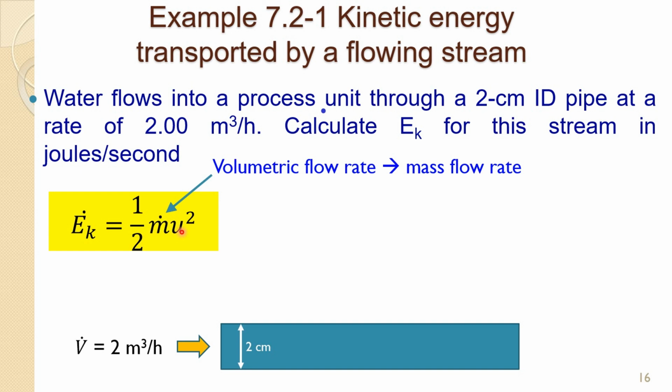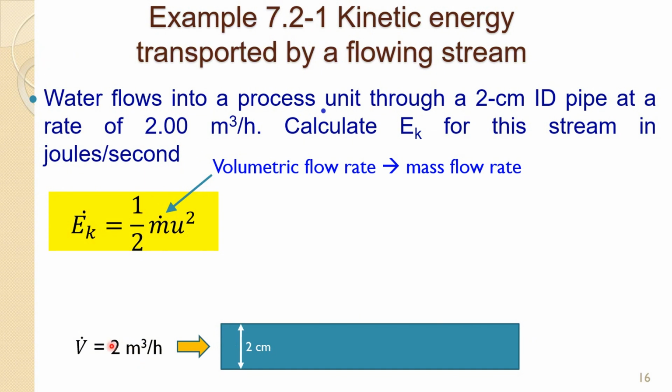And how about this one? This is velocity, to the power 2. What is velocity? How do you get this velocity? Velocity is meters per hour, right? Length per second, or length per time. So you just divide it by what? That's what we call linear velocity.